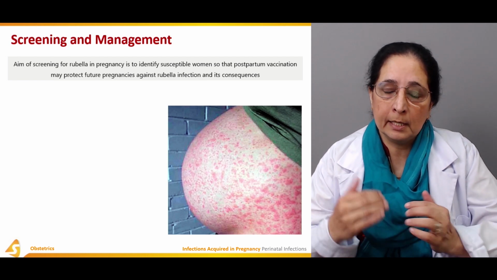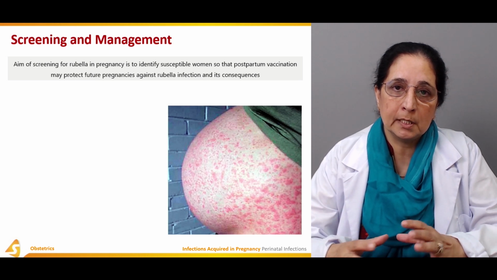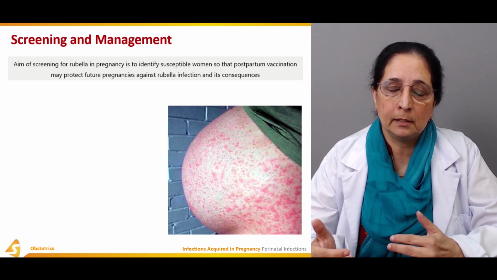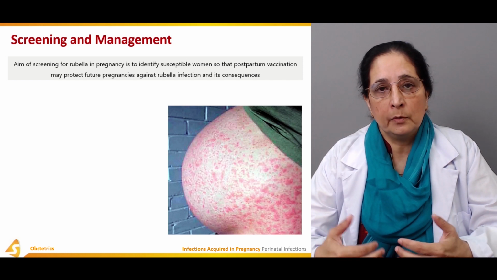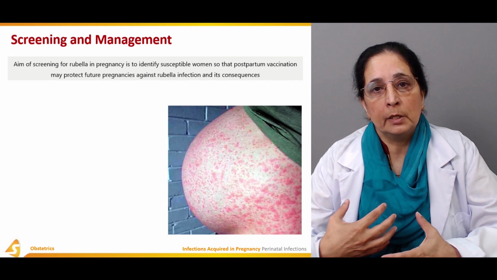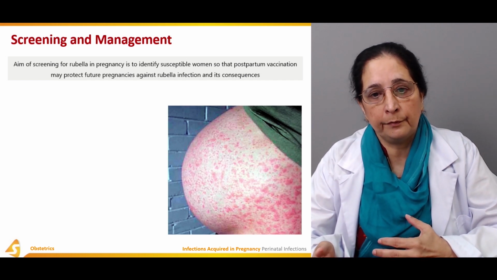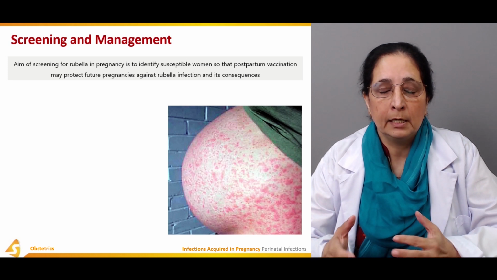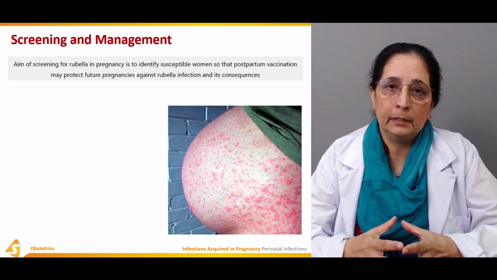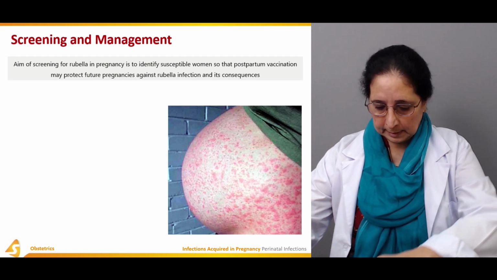It's important, as I mentioned in the previous slide, that about 20 to 50% of women who have this are asymptomatic, so maybe they don't even know they have infection. So screening is important. The vaccination should be performed after delivery, and that can prevent future pregnancies from infection and its consequences.